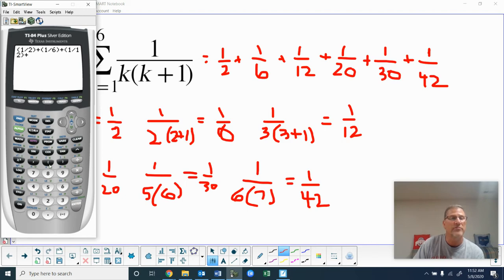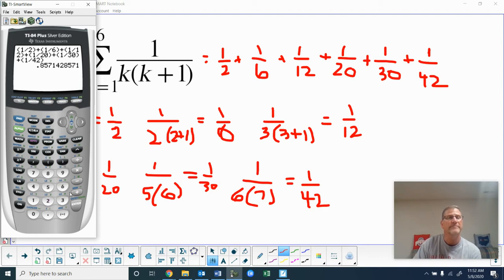All right, 1/20. I'm kind of slow. Again, if you have your handheld one, you'd be a lot quicker. I got my parenthesis. And don't forget that last one, plus parenthesis 1 divided by 42.